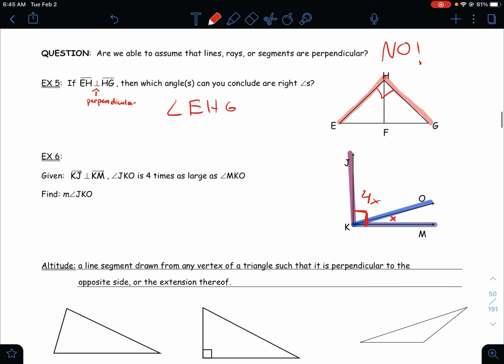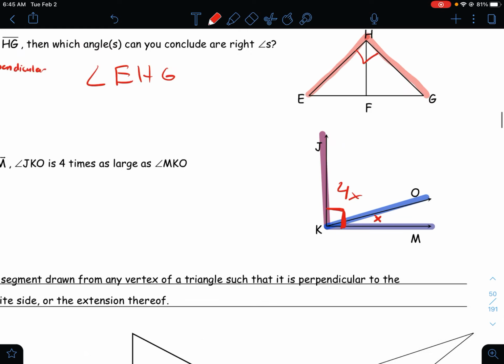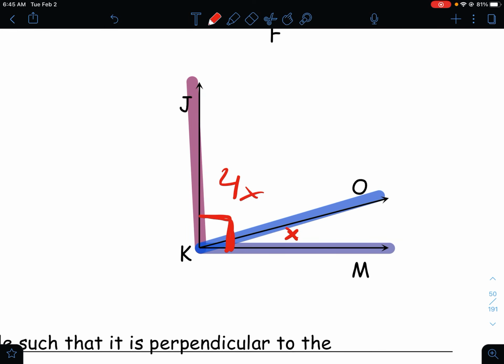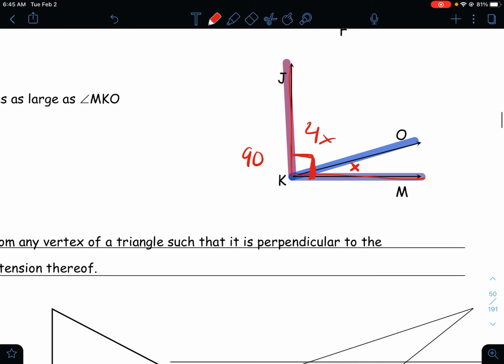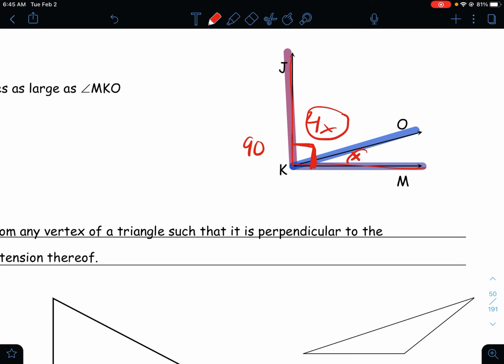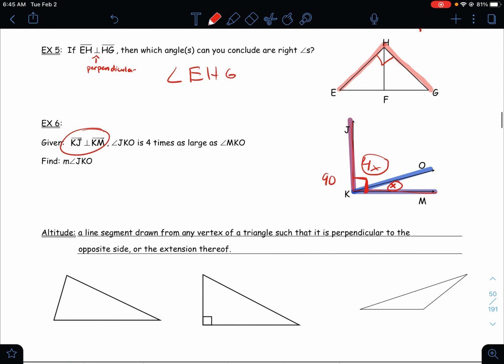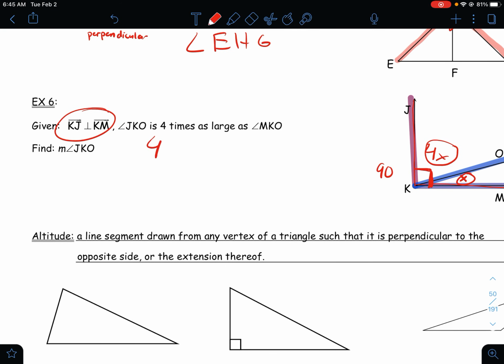Now it says find the measure of JKO. We know that this big angle here is going to be equal to 90, because we figured out these are perpendicular, which means it makes a 90-degree angle. So we can add up these two angles that make up this 90-degree angle and set it equal to 90. So 4x plus x equals 90. You get 5x equals 90.